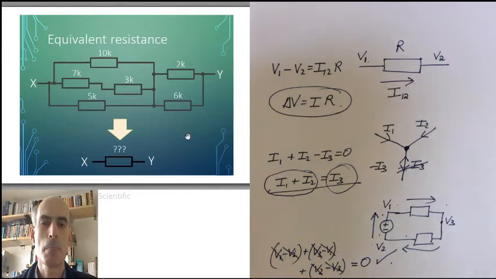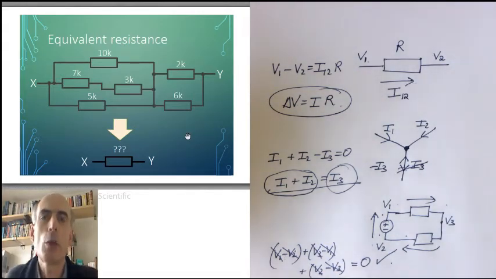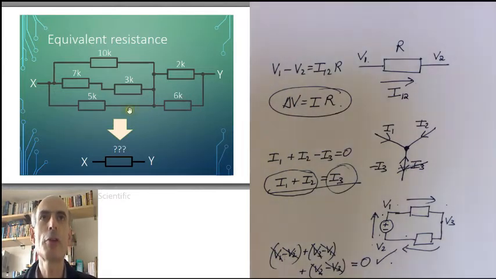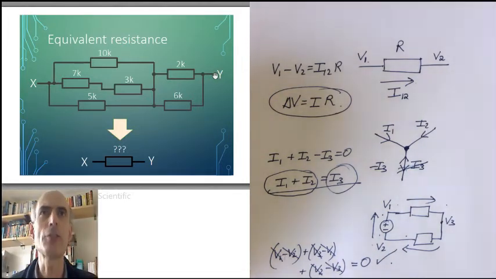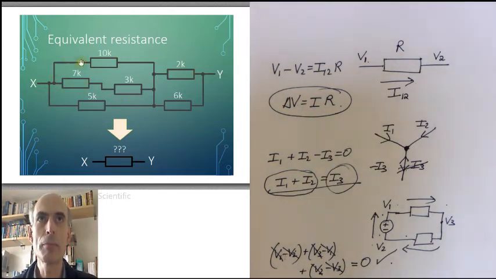Now, the concept of equivalent resistance. The concept of equivalent resistance says that if you have a network of resistors like this, all connected up together, with one terminal X and one terminal Y available to connect to other points in an external circuit, then that lot behaves just like a single resistor there with a value which is called the equivalent resistance.